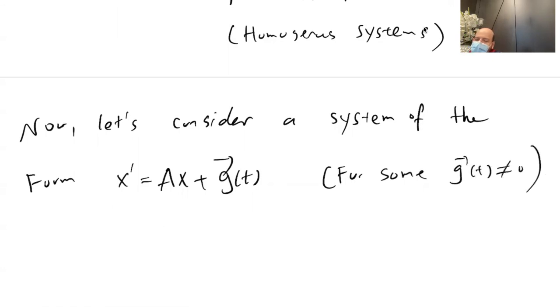If g of t was 0, then we would be back to x prime equals Ax, which we already considered. Now, the solution of this non-homogeneous system, so this is called a non-homogeneous system.